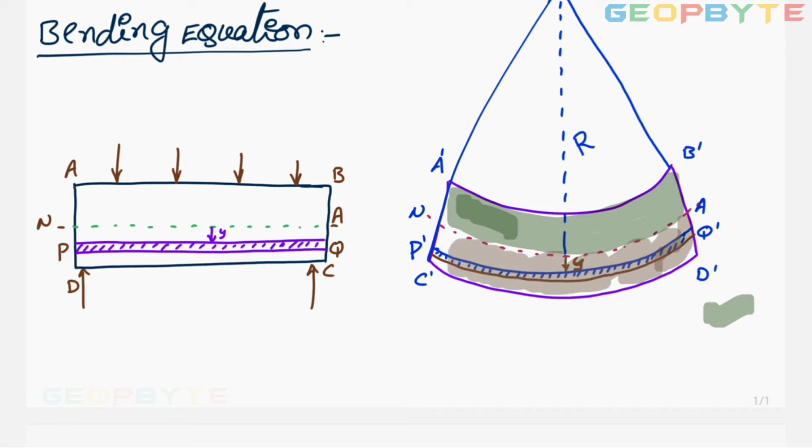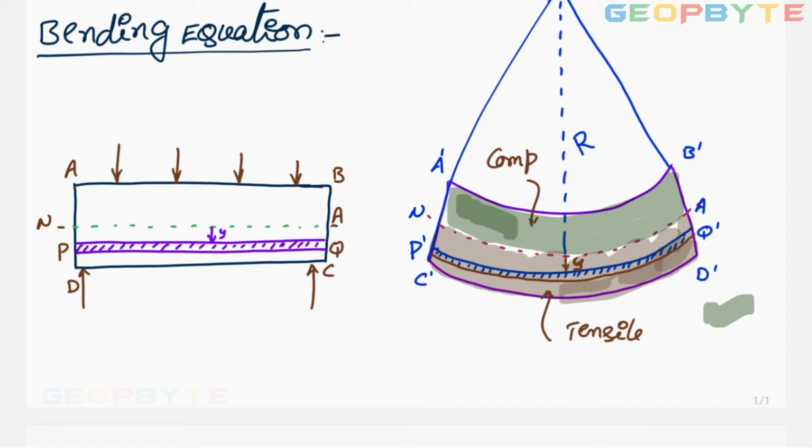Since the region below the neutral axis is elongating, that region of the beam is subjected to tensile force. And the region above the neutral axis is subjected to compressive force.